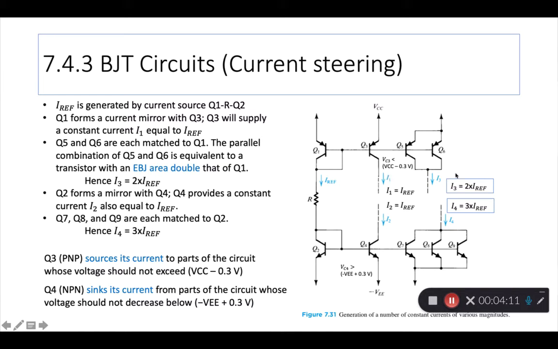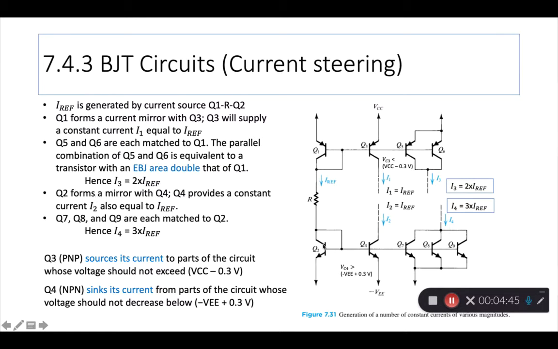Hence this combination behaves as if the emitter base junction is twice the size of Q1. If you take the two emitter base junction areas together and add them, then that becomes twice. It's almost like the ratio of the emitter base junctions is 2 to 1. Hence this I3 becomes twice the I reference or twice of I1. So that's an important point to remember.